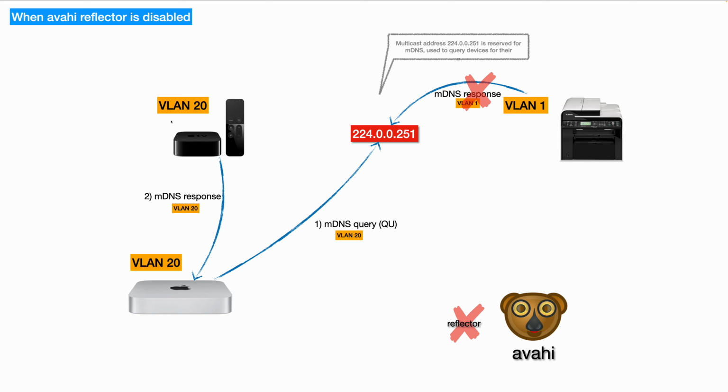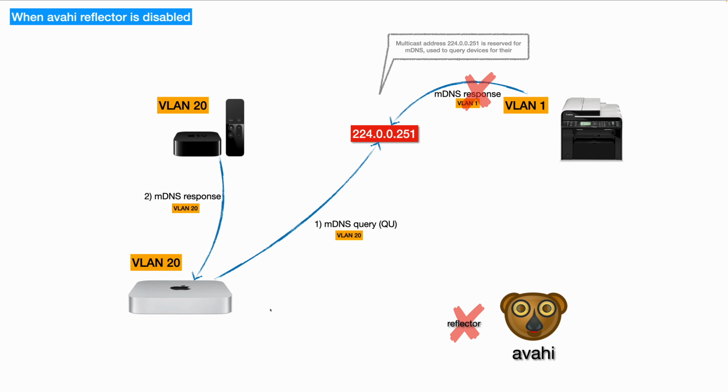Of course, all the devices within the same VLAN will get that. For example, this Apple TV will receive the query, and because the query is a unicast query, the Apple TV will directly respond back to the machine. The packet will be sent back to the machine, telling this Mac computer that there's an Apple TV in the same VLAN.